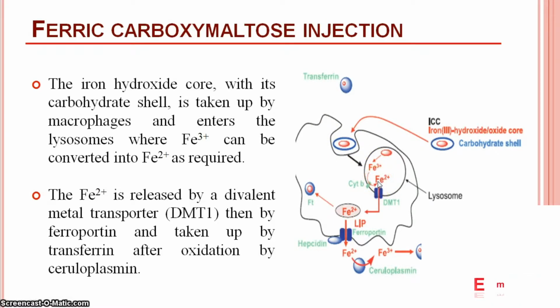Now this ferrous is released by the divalent metal transporter DMT1 and then by ferroportin, and finally taken up by transferrin after oxidation by ceruloplasmin. This is the transport form of your iron, that is transferrin.